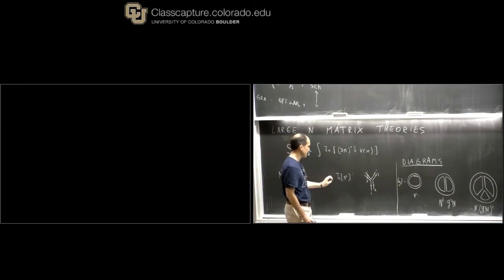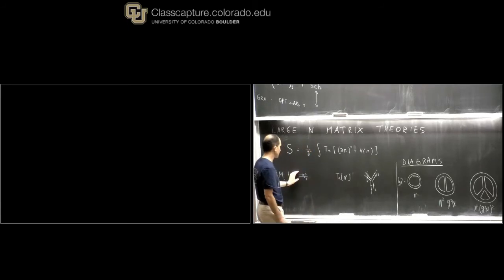What's important is that we can classify the diagrams in a certain way. So this is most easily seen by using a double line notation, where you represent the propagator of the matrix with a line that has two indices, the index i and index j of the matrix.